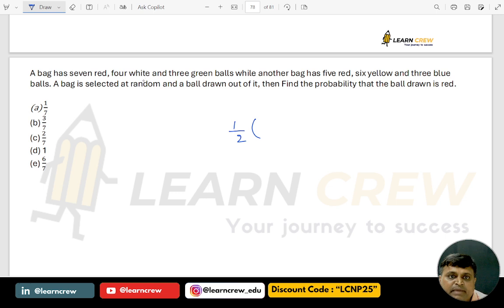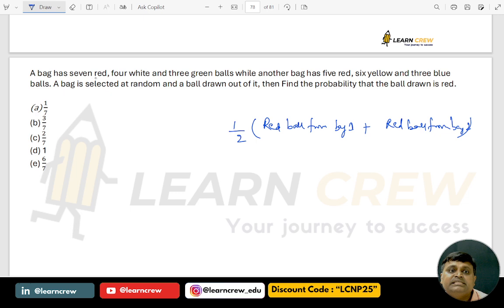So in the first bag, 4 white, 3 green. So here a red ball from bag 1: half of red ball from bag 1 plus red ball from bag 2.